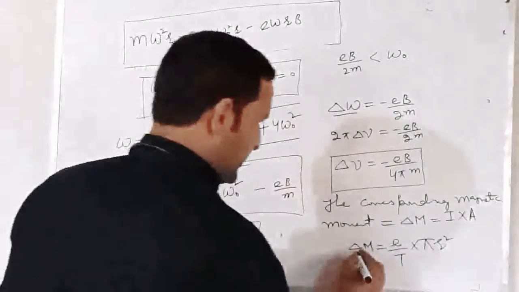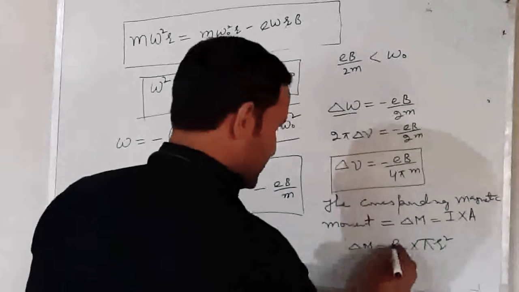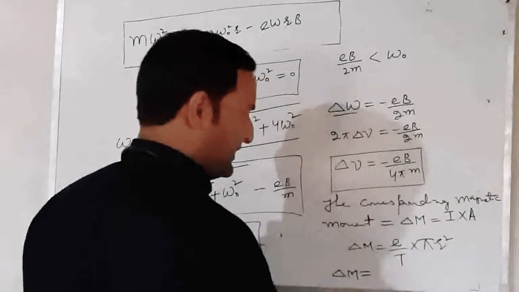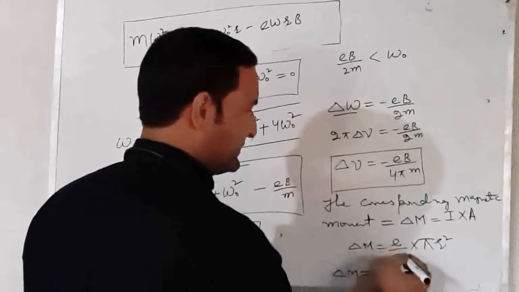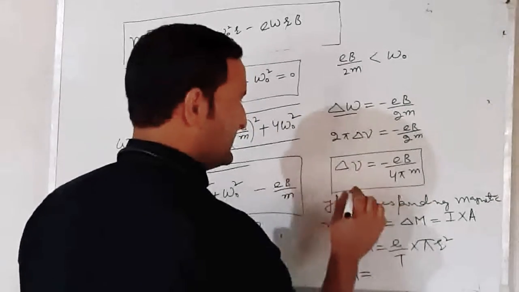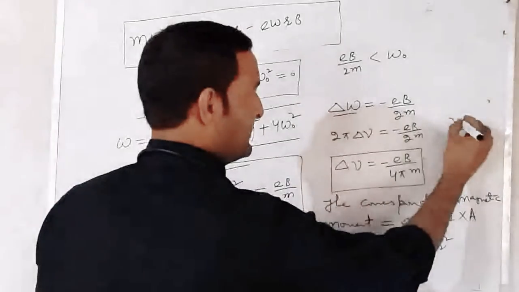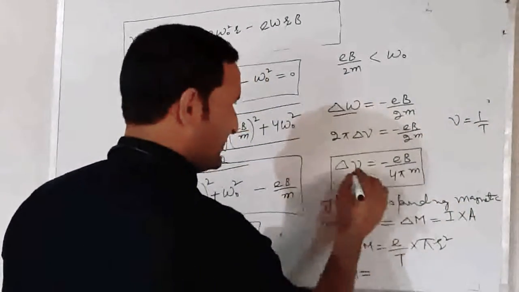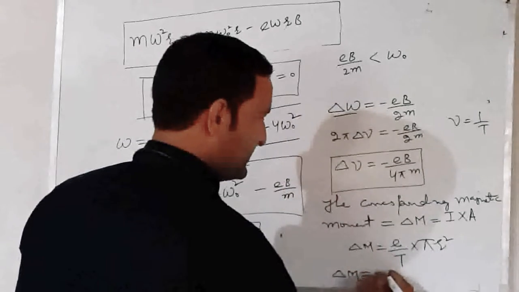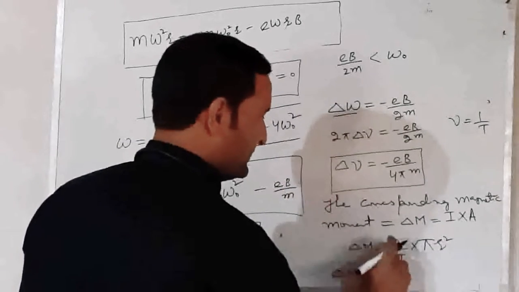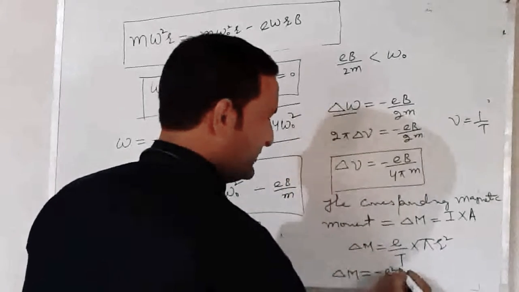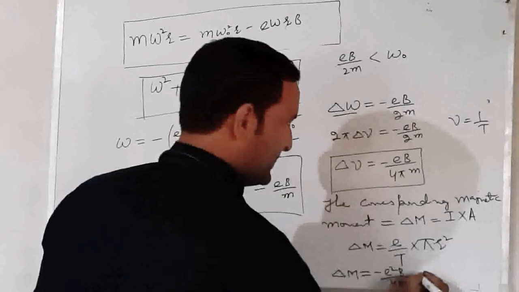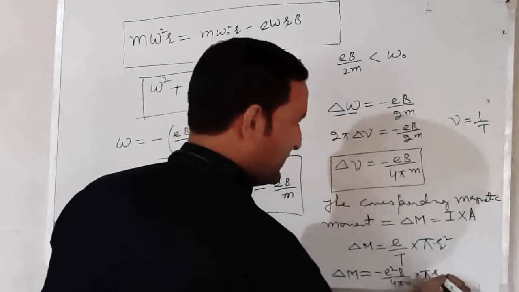Delta m can also be written with 1 upon T equal to frequency, nu, so that will be equal to delta nu, that is minus e square B upon 4 pi m into pi r square.